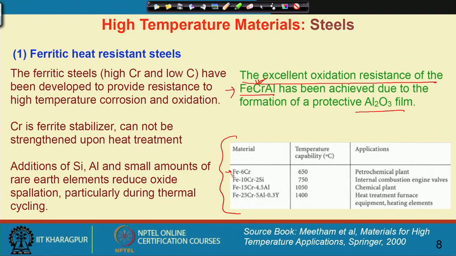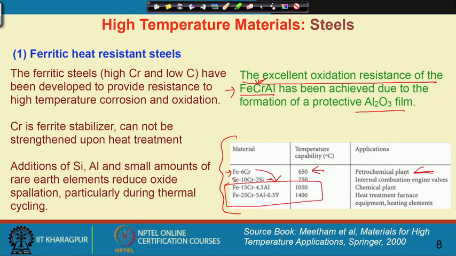Very initially, iron 6 chromium was developed, and the temperature capability was 650 degree centigrade, which is still used for petrochemical applications. But derivatives of those alloys came, like 10 chromium, 2 silicon, and these are very important alloys.